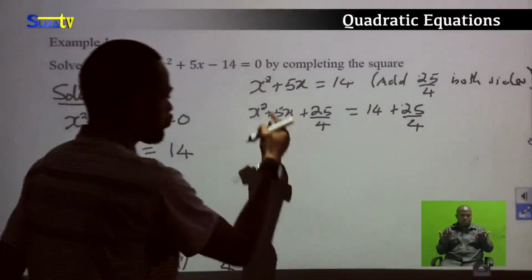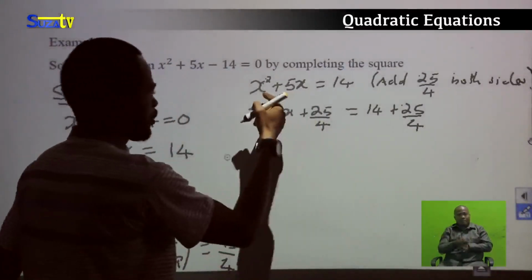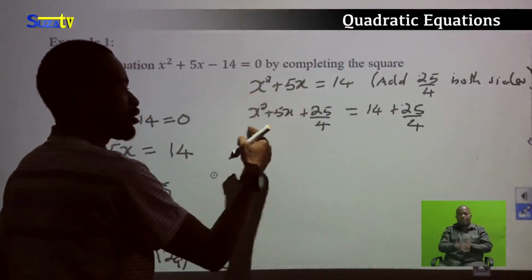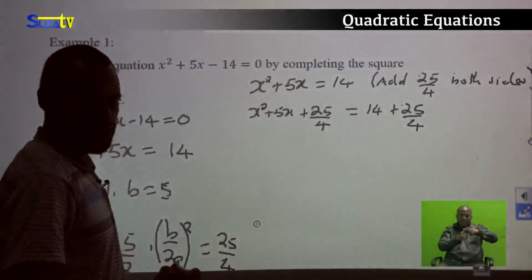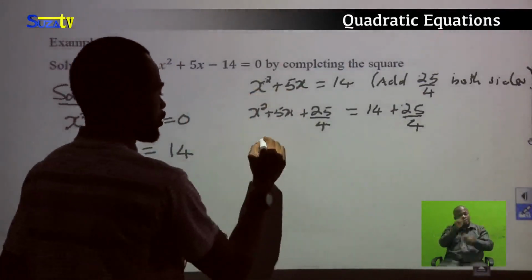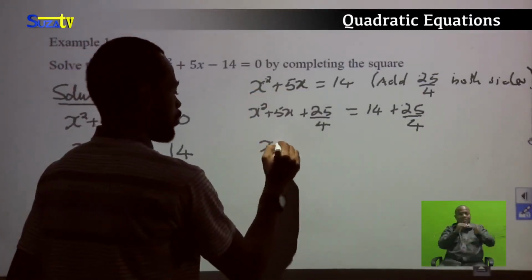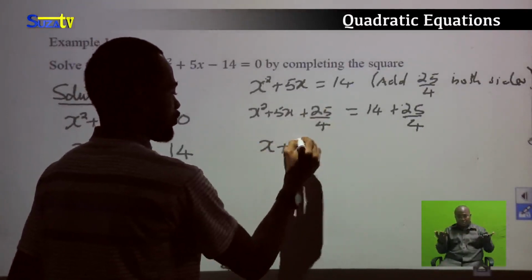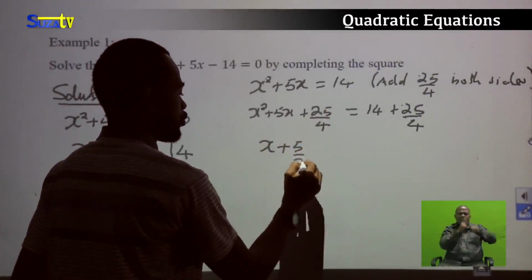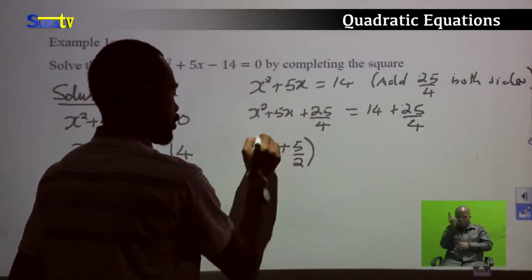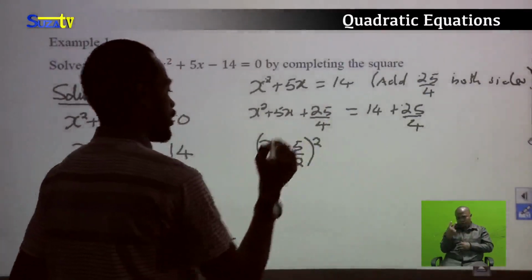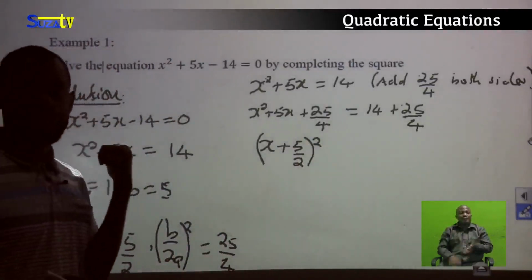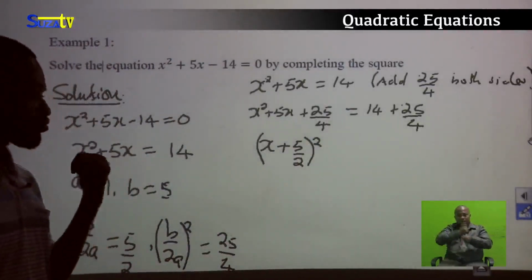Here we have already made this expression, which is x squared plus 5x, into a perfect square. And this is the same as x plus what? Plus 5 over 2, the whole thing squared, if you still remember from the first table provided.